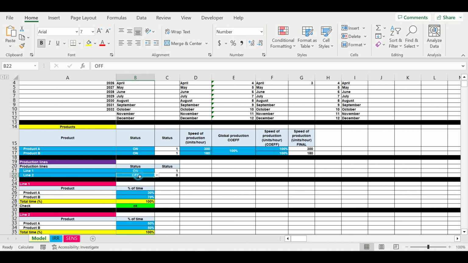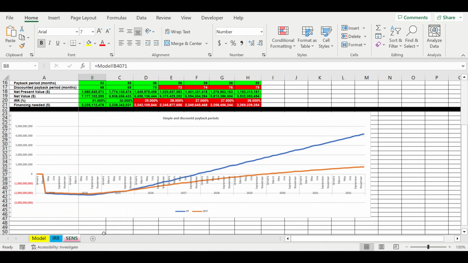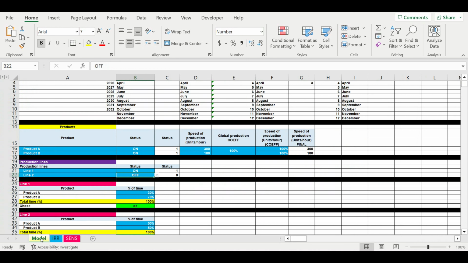So I have the capability of switching off line number 2 in one click. I'm just going back to sensitivity analysis and seeing how this affects our business model. And I can, for example, switch off this line, but switch on this line. So we can play with this data as well.